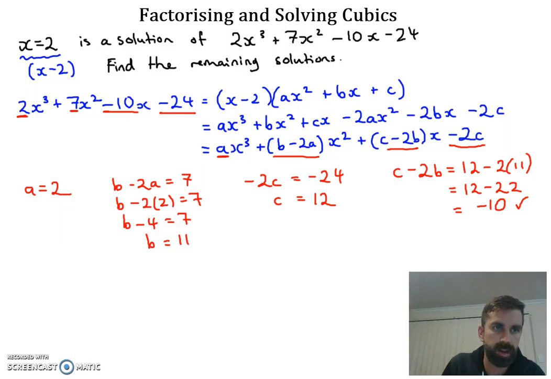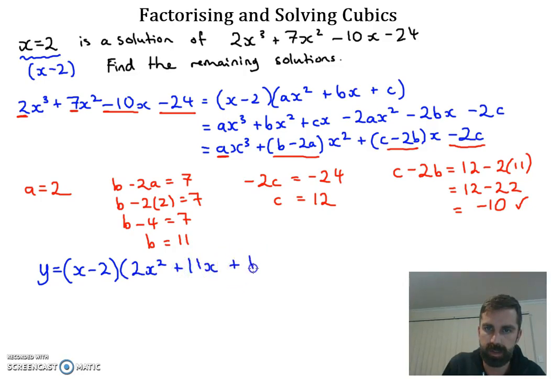So I'm going to write this out again and say that y equals x take 2, which is my first factor that I already knew. And now I can fill in my quadratic. So that a is going to be 2x squared plus b, which is 11x, plus c, which is 12.